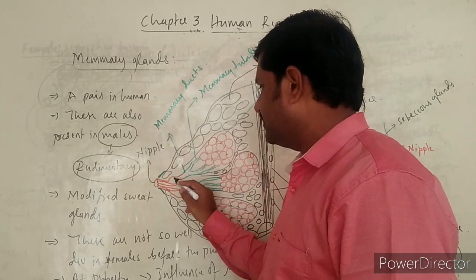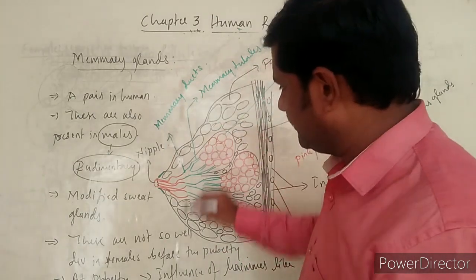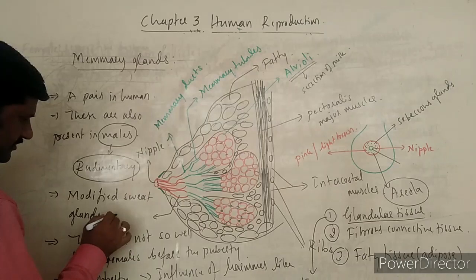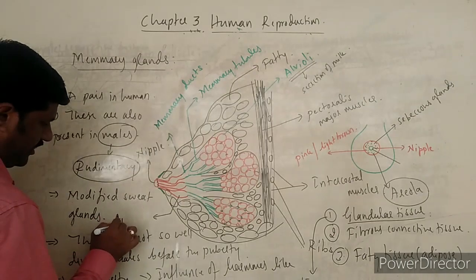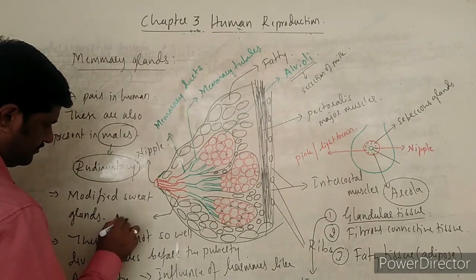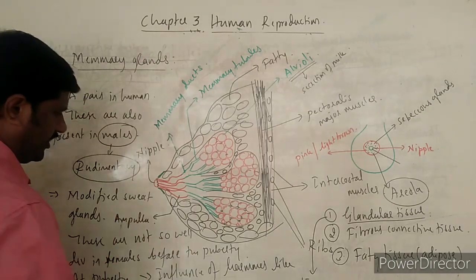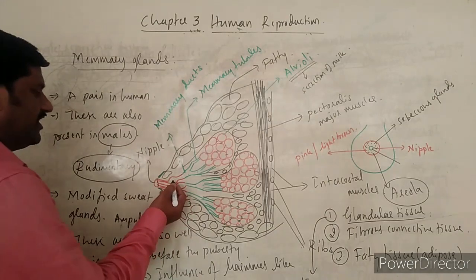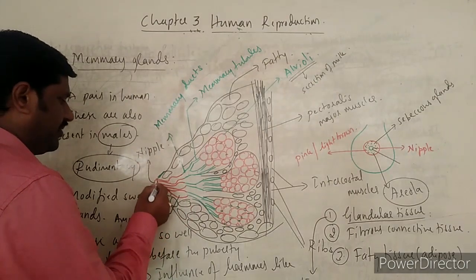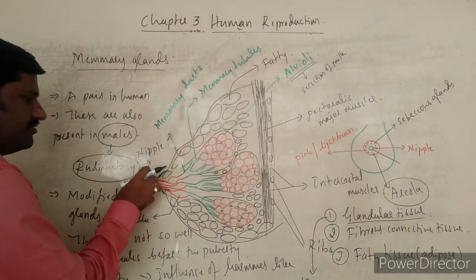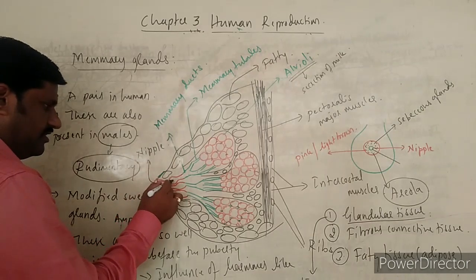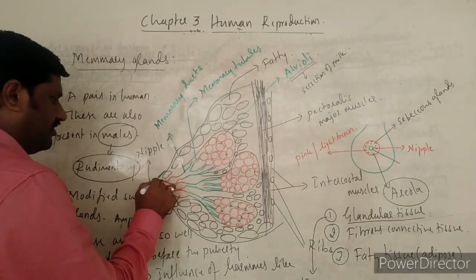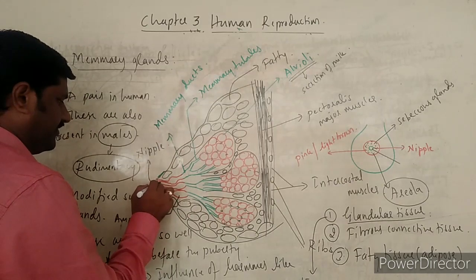it enters into a swollen structure, and that structure itself is known as what? That is the ampulla. Ampulla, all together called ampullae, right? So from the ampullae it comes to the nipple, and these ampullae are followed by ducts, and these ducts are also very important.